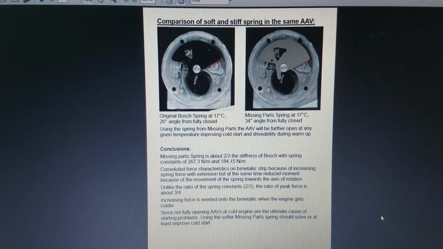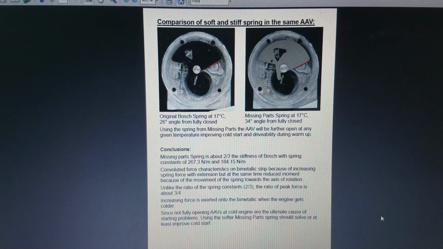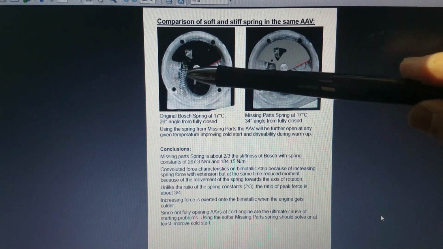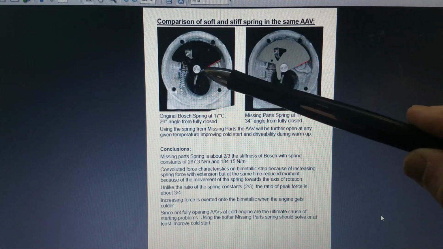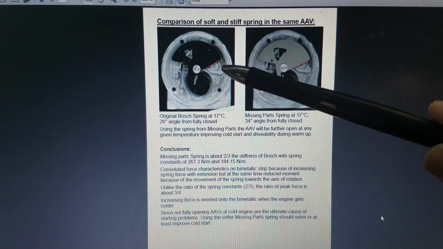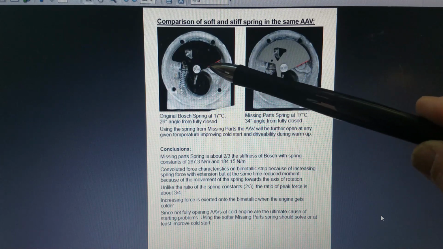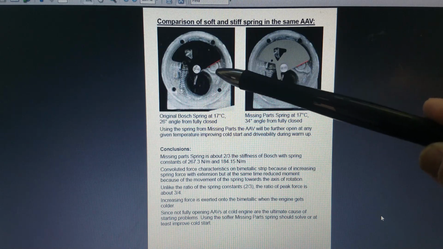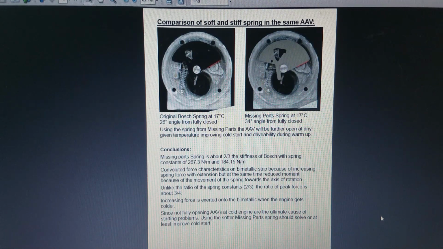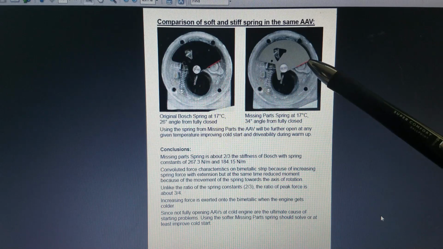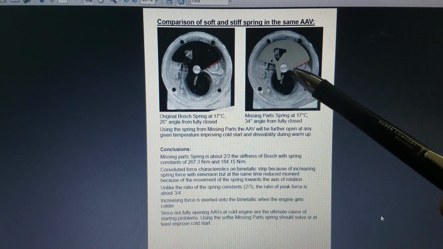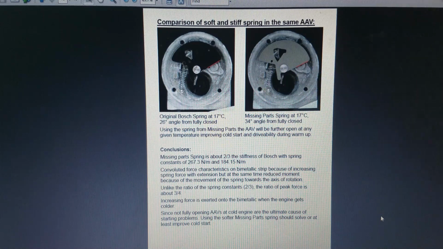And you can see here that the Bosch spring, this is both at 17 degrees Celsius, has 26 degrees from that stop here, and you can see on the red line that the whole counterpart of that adjustment screw on the back is exposed, or 3/4 of it, and the missing parts spring, being softer, rotates the shutter further open, and you go almost over the center of this.